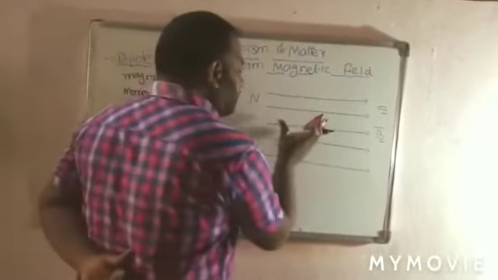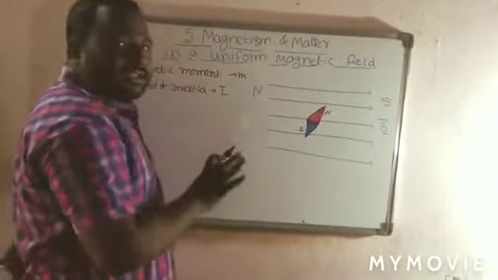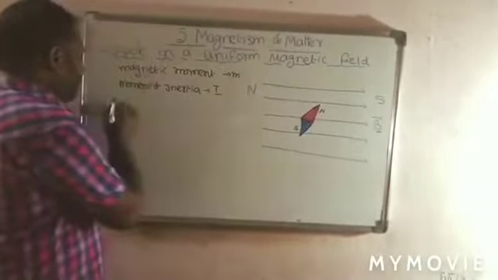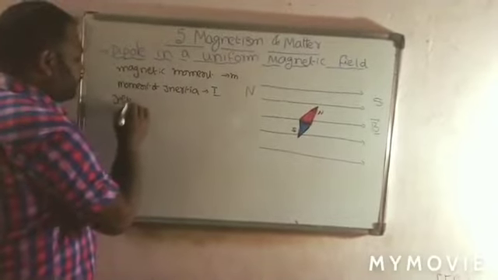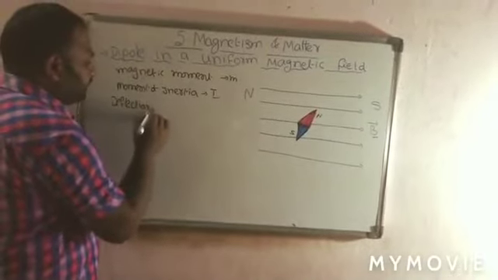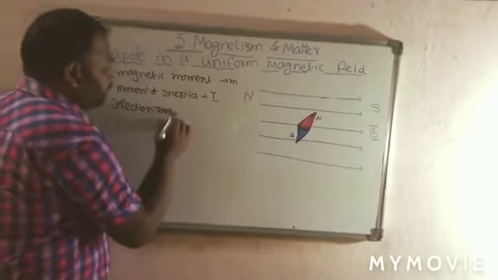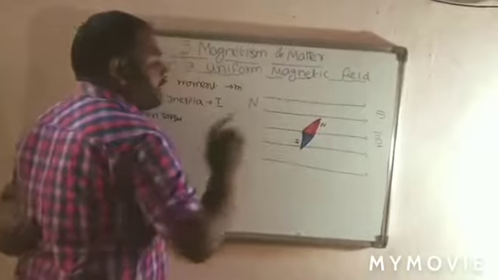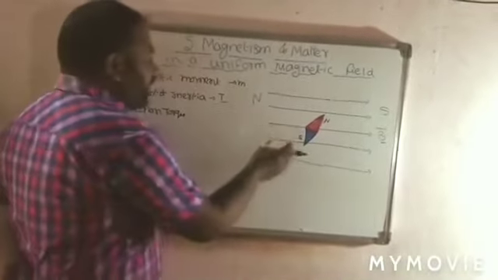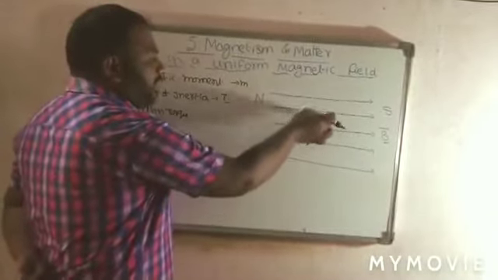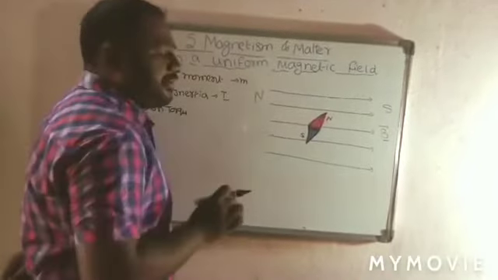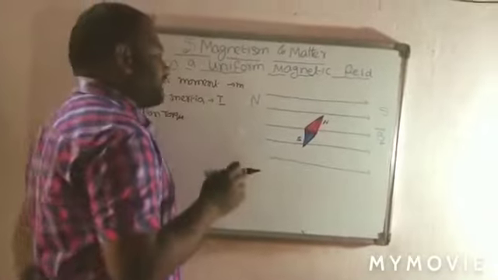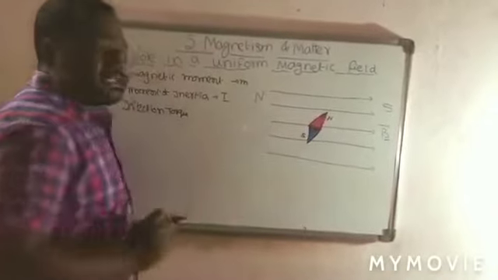That torque can be called the deflection torque, the deflection torque on the magnetic compass needle or dipole moment. Because when we place a compass needle or a magnetic dipole, it takes certain oscillations. Those oscillations are due to the deflection torque.